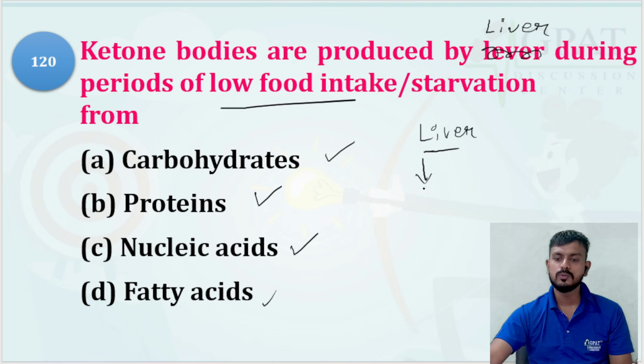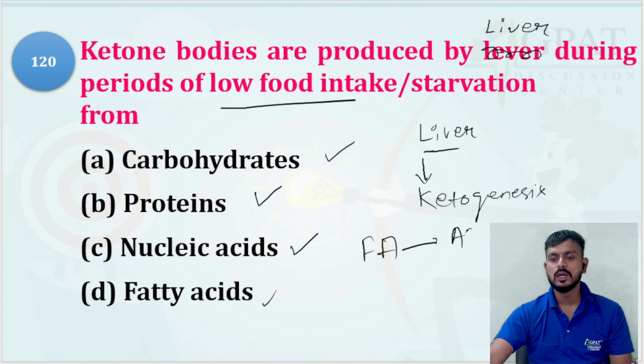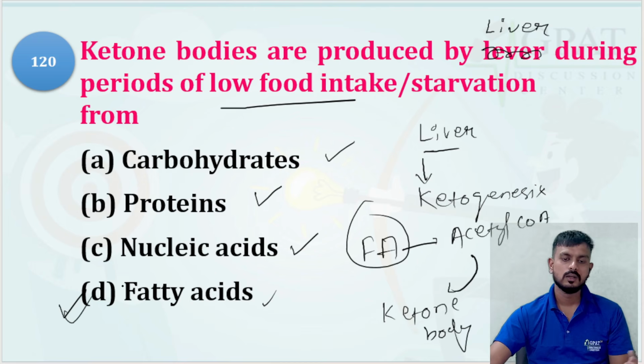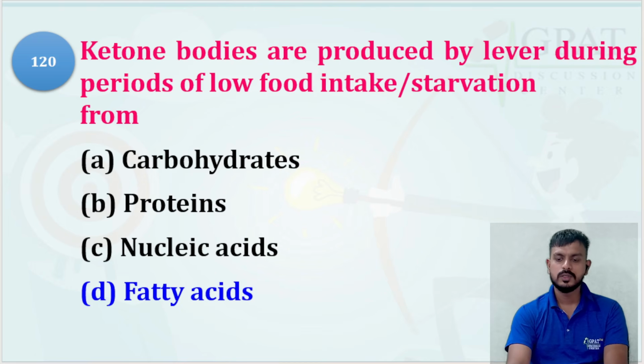This process is called ketogenesis. By this process, fatty acid is converted into acetyl coenzyme A, and acetyl coenzyme A into ketone bodies. So the starting point is the fatty acid. Option D is the correct answer.